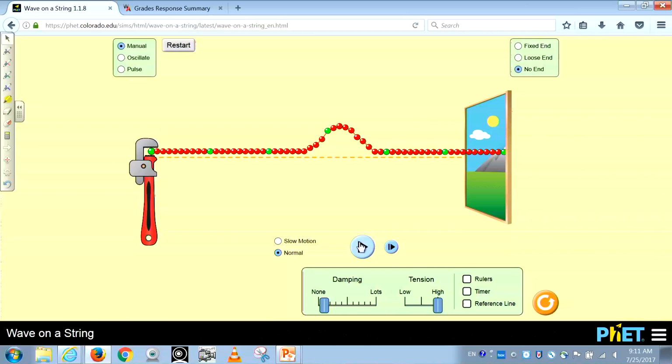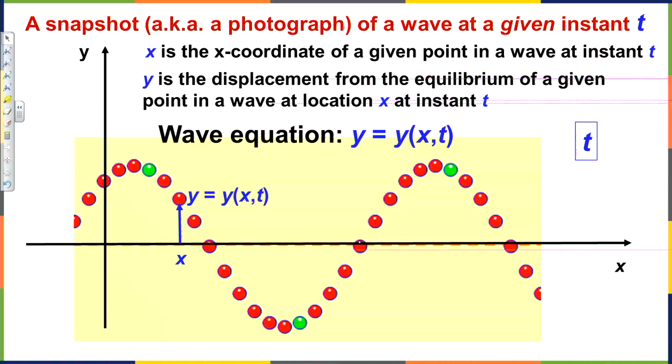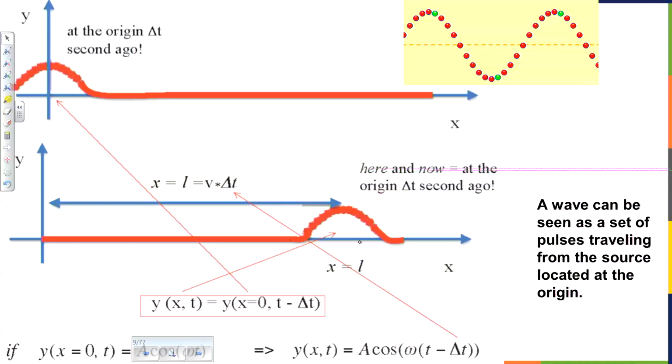And right now, this pulse has the same shape it had several seconds before when it was at the location of the source. So we can use this fact to derive the wave equation very quickly.